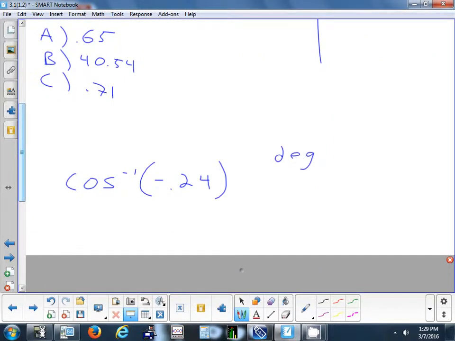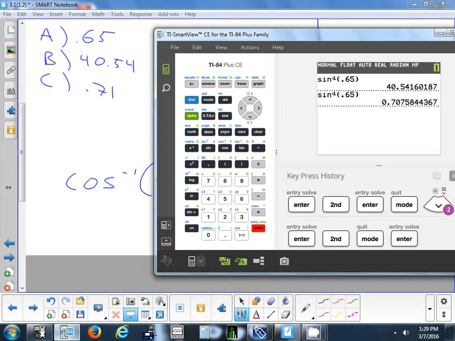All right, let's try this one. Inverse cosine of negative 0.24. Okay, I'm going to do it in radians first because I'm already in radians.